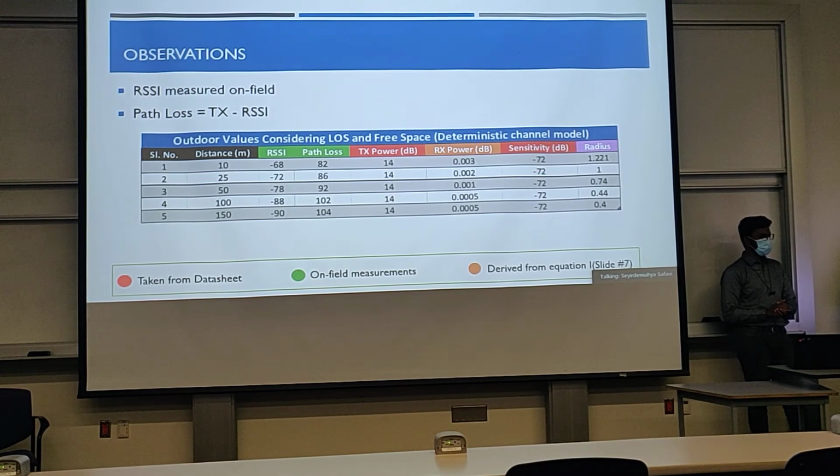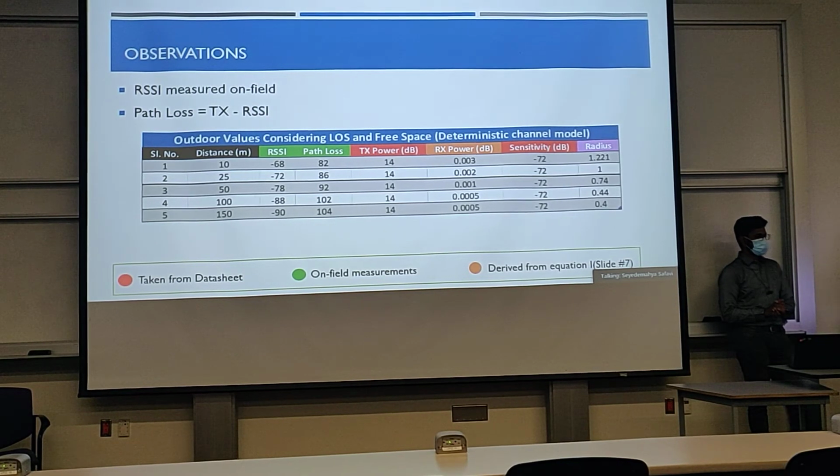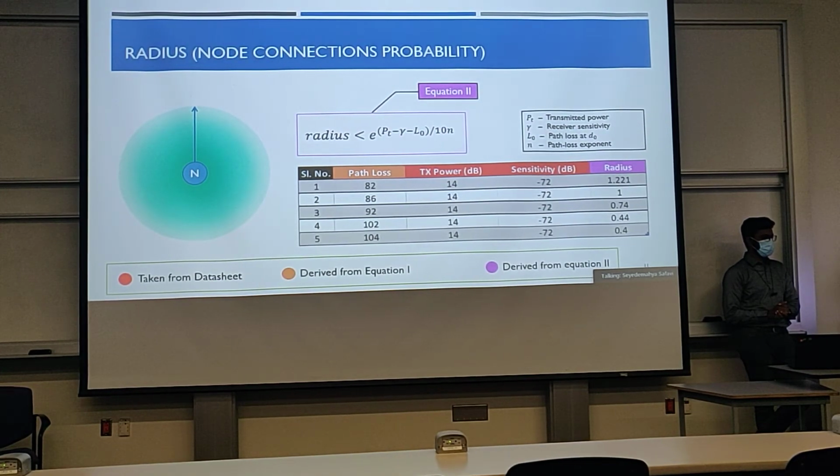Path loss is calculated, and we got the transmitted power and receiver sensitivity from the ESP8266 datasheet. We calculated RX power using the path loss model, which is also 10 log10 of PT by PR, and from these parameters we calculated one more parameter, that is radius, showing the probability of connections between the nodes.